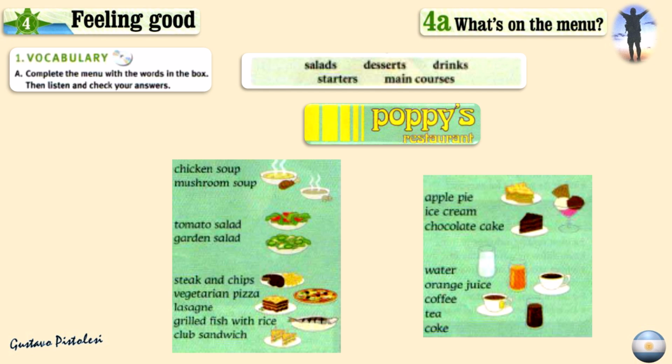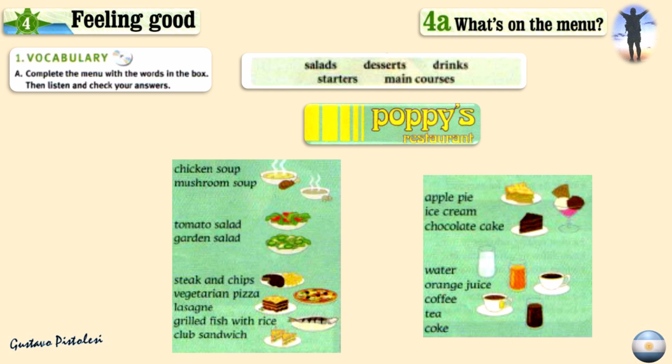1. Starters. Chicken soup, mushroom soup. 2. Salads. Tomato salad, garden salad. 3. Main courses. Steak and chips, vegetarian pizza, lasagna, grilled fish with rice, club sandwich. 4.